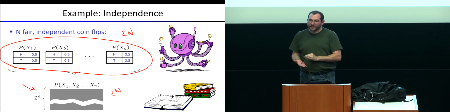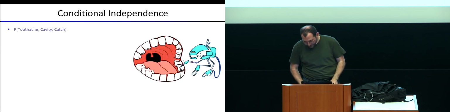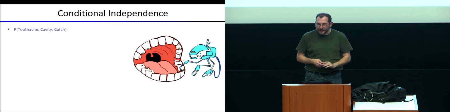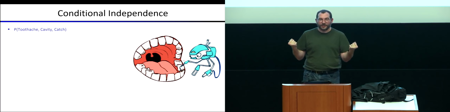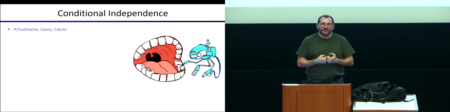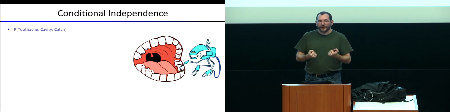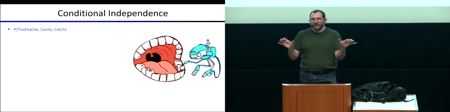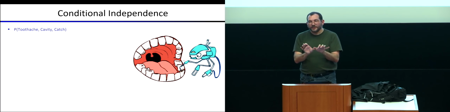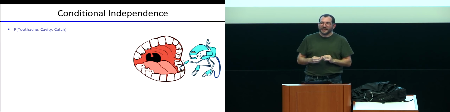But it's the building block of something that we can use efficiently, which is called conditional independence. In conditional independence, we don't go so far as to say that two random variables have no interaction. What we say instead is that their interaction is mediated by another variable. The way we write that formally is, rather than saying that the joint distribution is a product of marginals, we have some other simplification of the chain rule that is less radical.